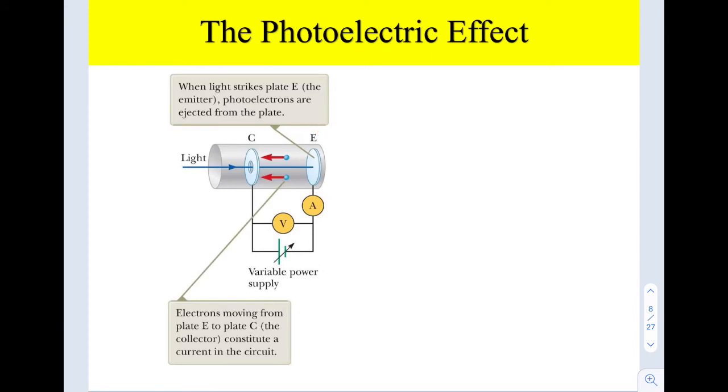When this tube is kept in the dark, the meter reads 0, indicating that there is no current flow within the apparatus or circuit. The incident light is also known as photons, and the ejected, moving electrons are known as photoelectrons.